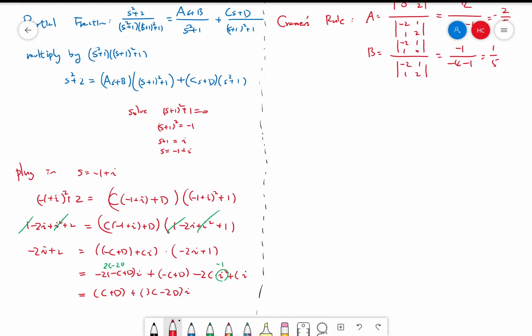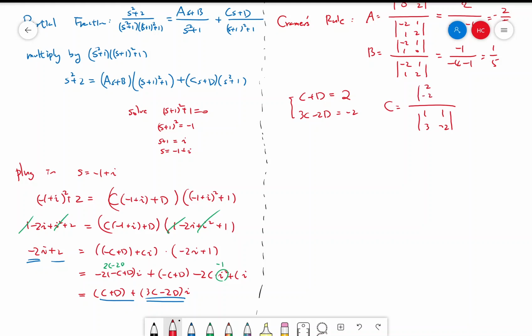So compare the real part and the imaginary part: c + d is equal to the real part, which is 2. And the imaginary part equals the imaginary part, so we get 3c - 2d is equal to -2.